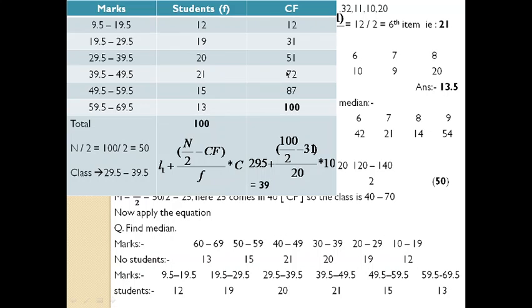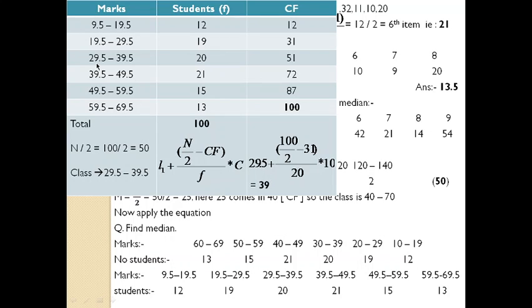F is an easy one. F is just the frequency value in that particular row. Here the class was 29.5 to 39.5, and the frequency of that particular class is 20. So that frequency is recorded here. Into C, meaning the gap between these numbers.